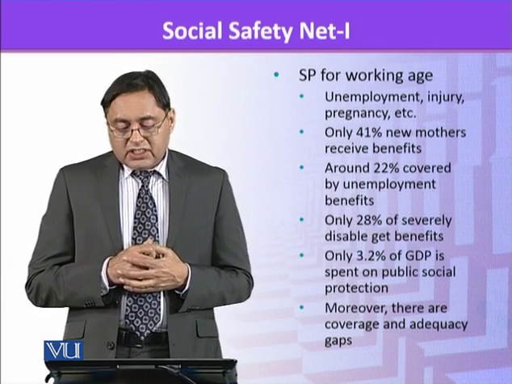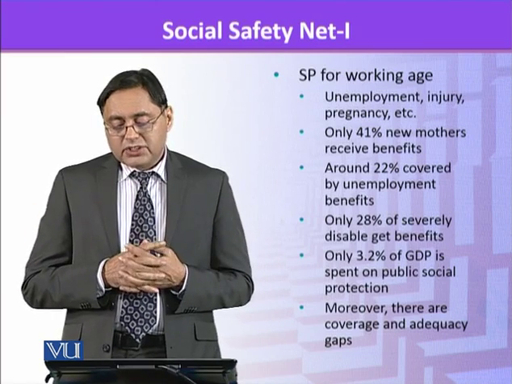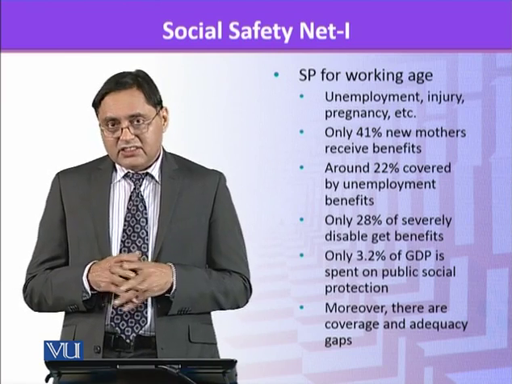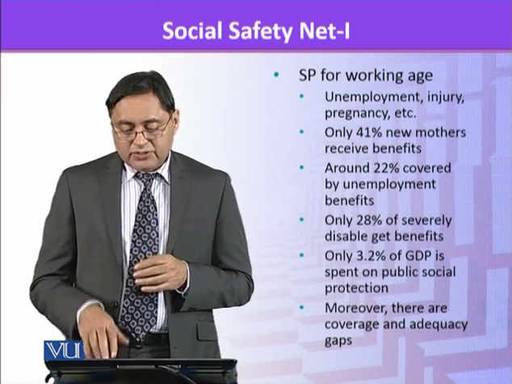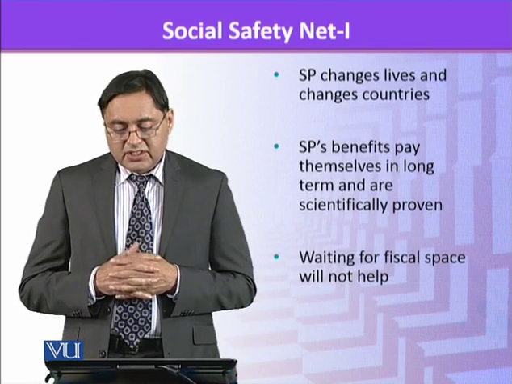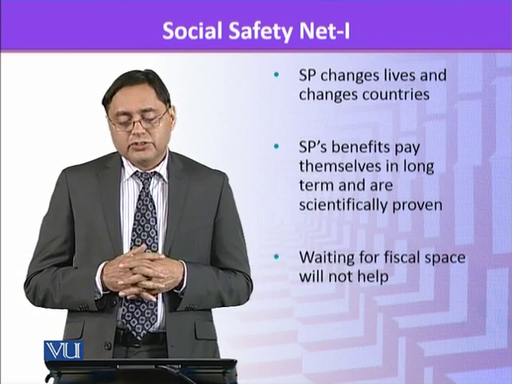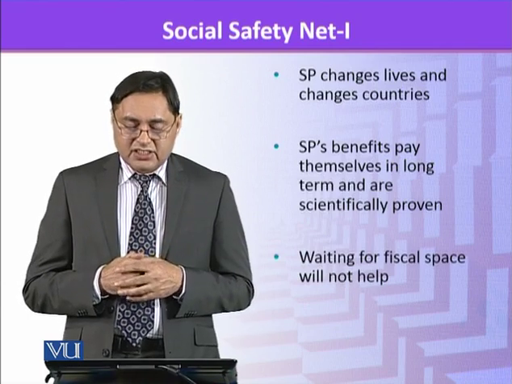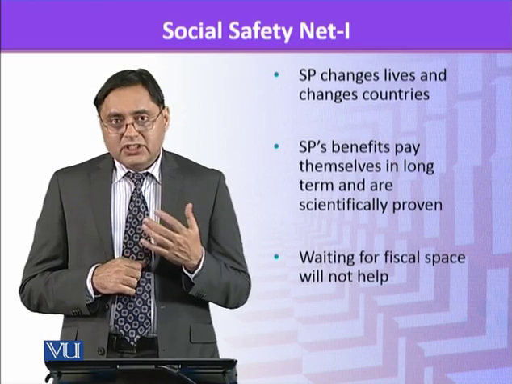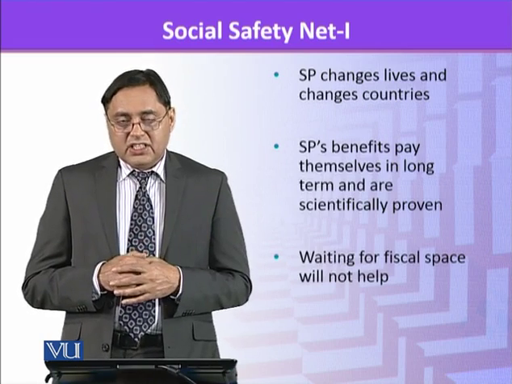Around the world, 3.2% of GDP is spent on public social protection. And then there is, of course, disparity in terms of coverage and advocacy gaps. Social protection, of course, changes lives and changes countries. If we provide benefits to the people, they will be more economically productive.